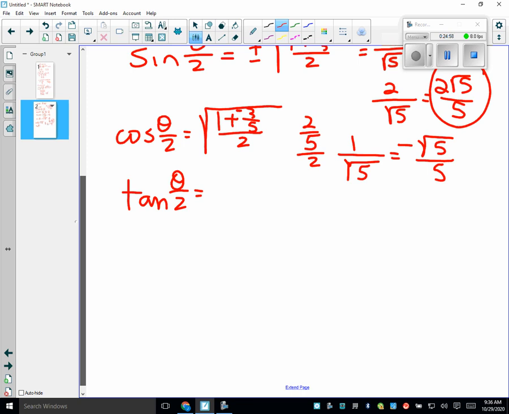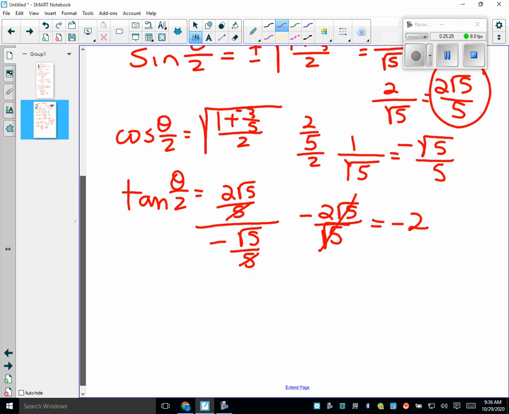So tangent, if it's sine over cosine, is 2 radical 5 over 5 over negative radical 5 over 5? Yeah, so the 5's cancel, and you get negative 2 radical 5 over radical 5. Hang on. Do you all agree with that? Yes. What happens to my radical 5s? It cancels, so negative 2?